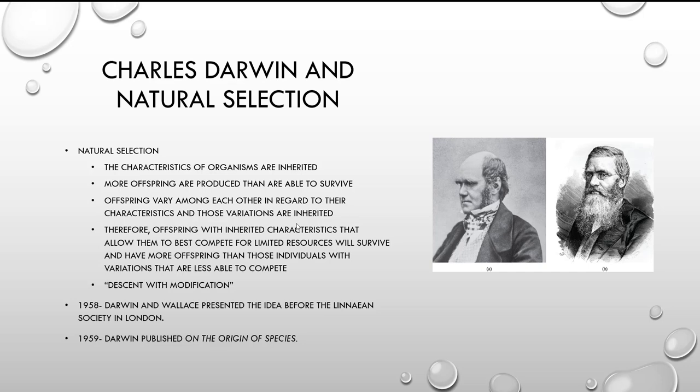So what is natural selection? His idea behind natural selection is based on 3 observations. The first observation is that the characteristics of organisms are inherited. Okay, so they're passed on from their parents, you acquire your characteristics or your traits from your parents.